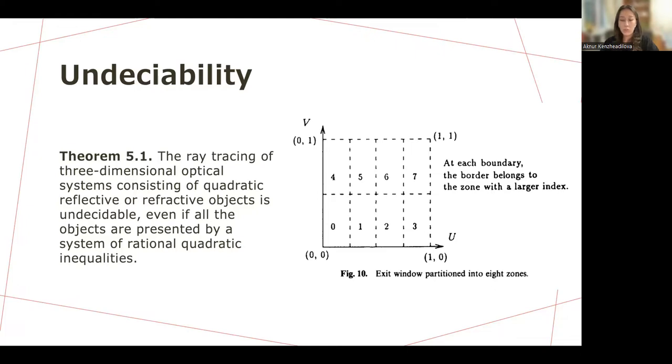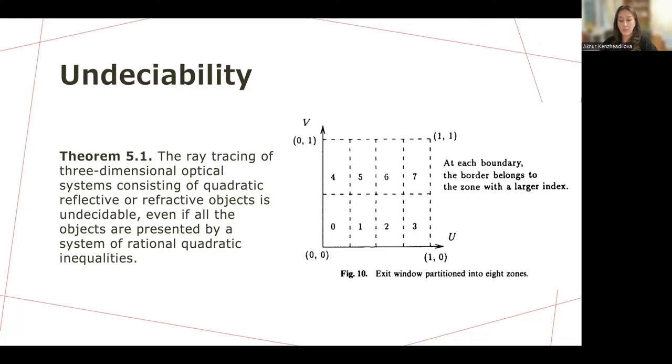So to show that this model can indeed simulate any universal computation, we can employ Bennett's result to simulate a deterministic reversible Turing machine. As you can see in this figure, there are 8 zones of the exit window.